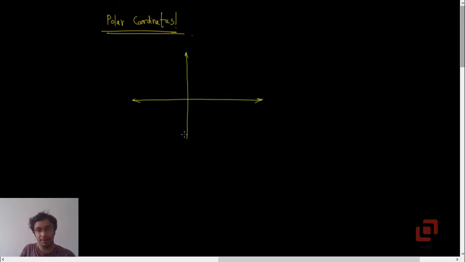If I have a point, let's say here, let me call it (x, y), then the r coordinate is defined as the length of this vector, and the theta coordinate is defined as the angle made by the radius vector, the green vector here, with the positive direction of the x-axis, measured in the anti-clockwise direction.